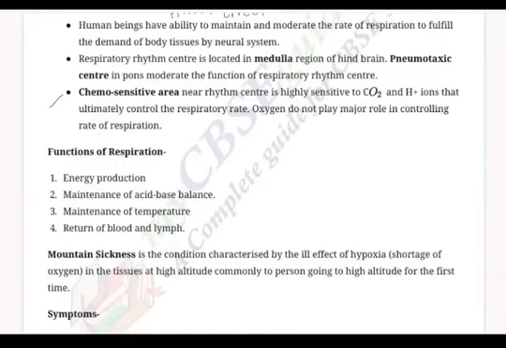Similarly, I talked about another important concept called chloride shift or Hamburger's phenomenon, and we said it is mainly to restore ionic balance. The chloride ions diffuse from plasma into RBCs. So the movement of chloride ions from plasma into the erythrocytes to restore the ionic balance is called Hamburger's phenomenon or chloride shift.